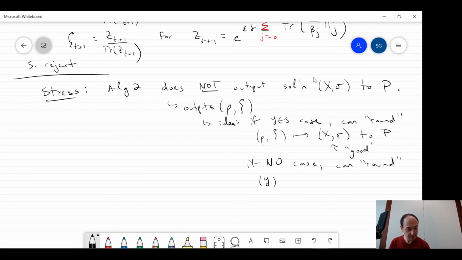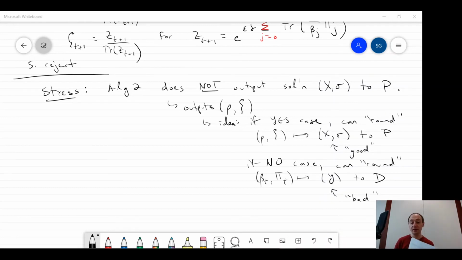Okay, so we're not going to round that directly, we're going to be a little bit more careful. We're going to actually round the beta t's we encountered along the way and the pi t's, and we're going to round those to a dual solution y, to the dual STP. And this will be bad. It'll show us that the value of the STP is sufficiently small. Okay, and again, I'll tell you what good and bad are in a second.